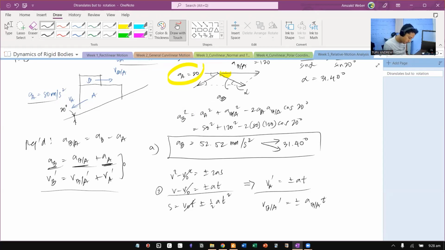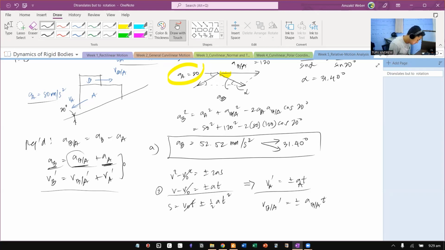We have, of course, acceleration A and T in time 3 seconds. That gives us VA prime. What about VB/A prime? That is T. It is the relative velocity of B with respect to A, the final.